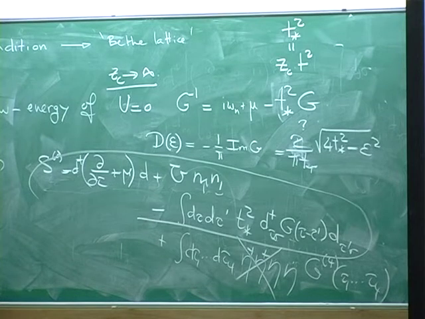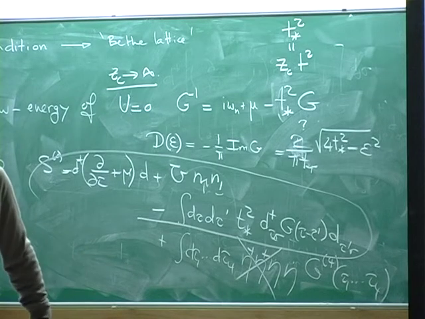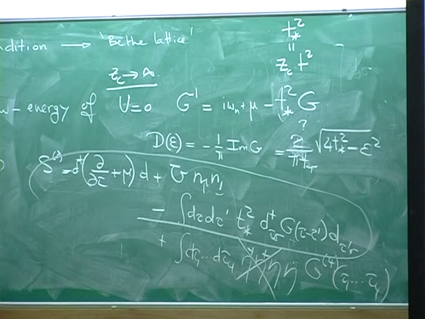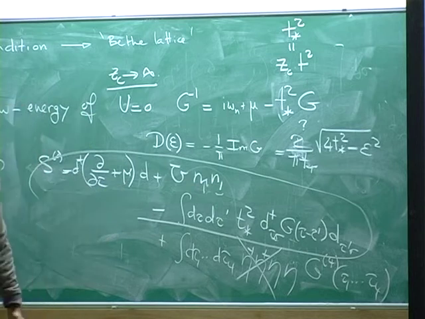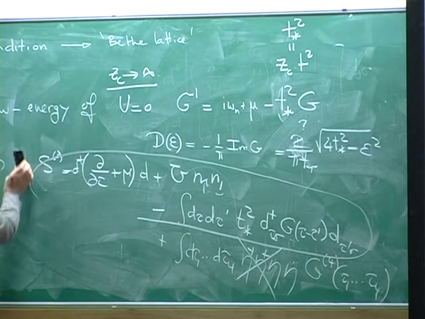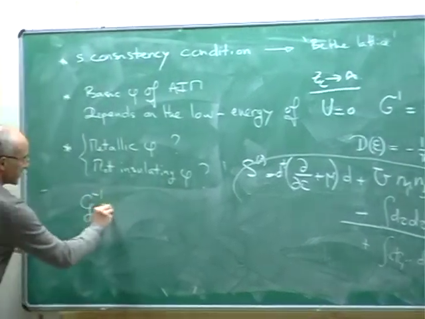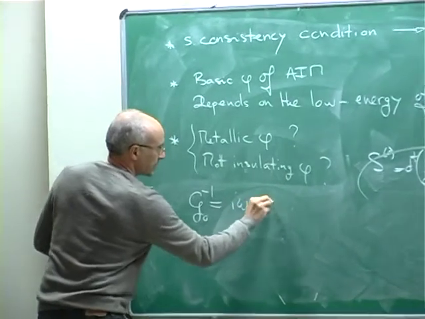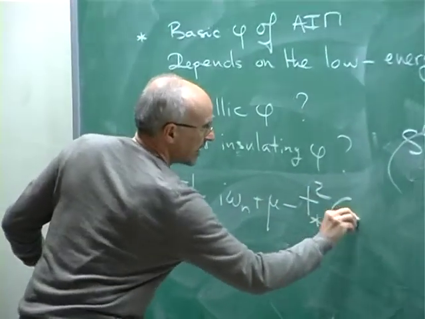Now, I wouldn't say it's a mathematical proof, but you can follow the algebra from line 1 to line z, and you conclude that my problem is a local impurity problem with a Green's function G0 to the minus 1, which has to be self-consistently related to the full interacting local Green's function by this relation.